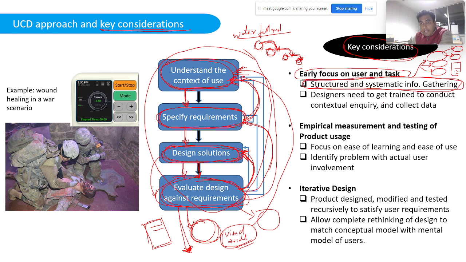Again, the designer needs to be trained to conduct contextual inquiry. It's not very easy to collect information from a contextual inquiry. I already talked in the previous slide about how the nature of data is not only visual.